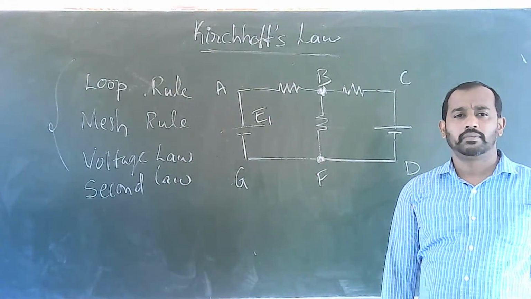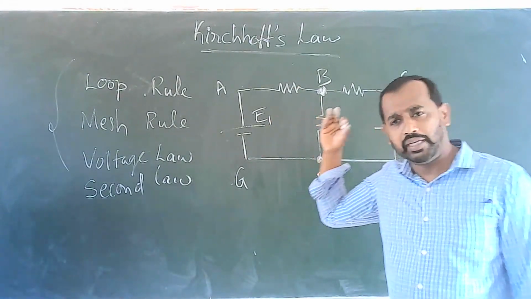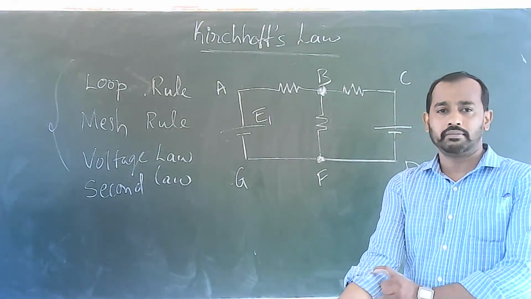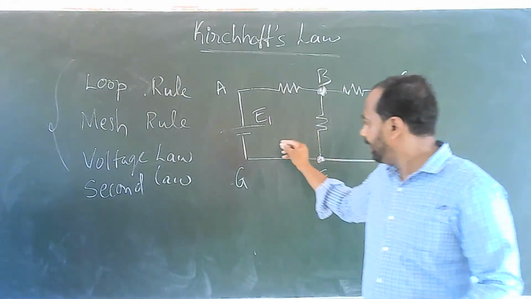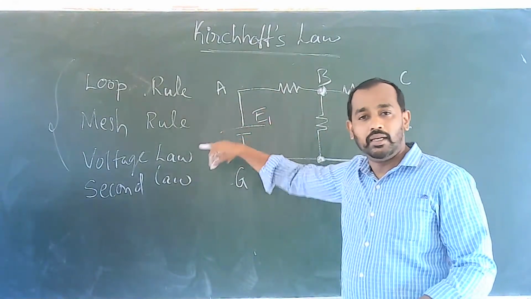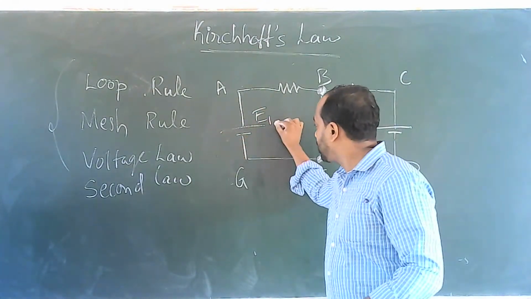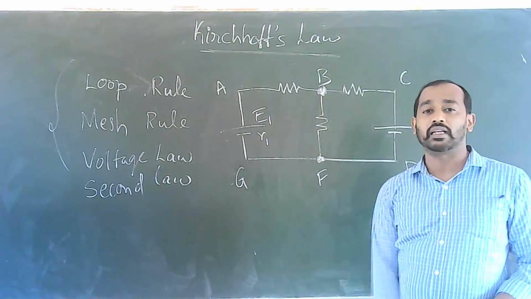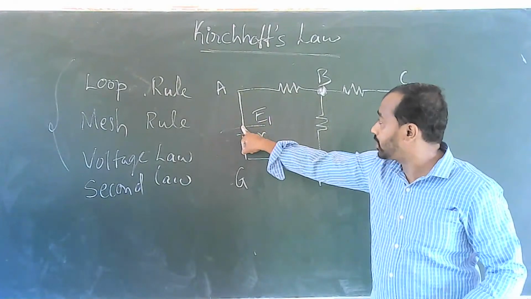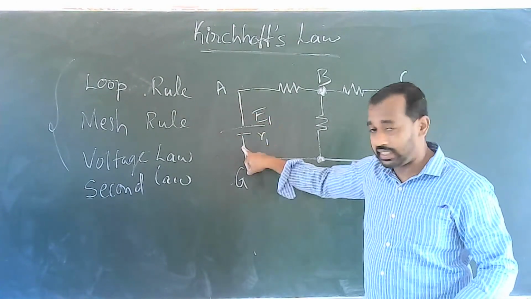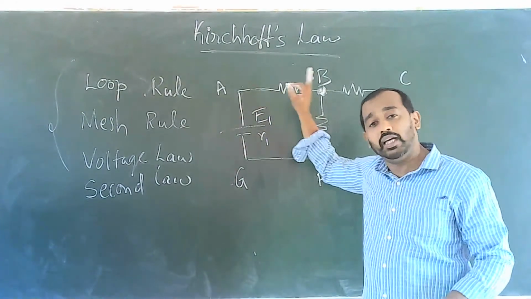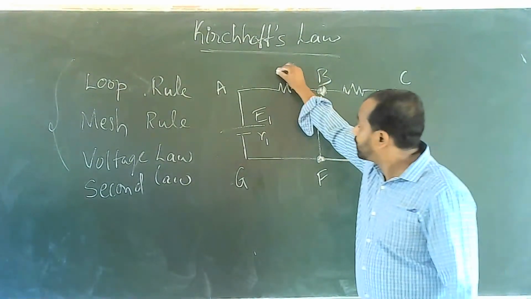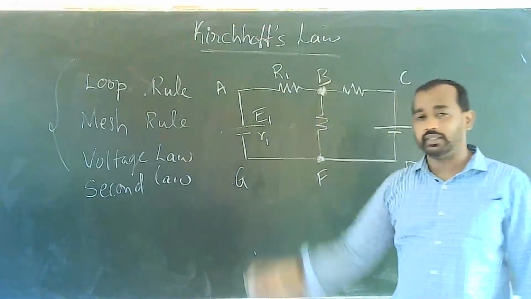Sometimes yes, sometimes no. When it can be treated as a negligible quantity, we can ignore the internal resistance. So here I want to write the internal resistance of the cell of EMF E1. I will represent it as an internal resistance r1, but I have not drawn the internal resistance. This internal resistance will be in series with the cell, and hence it will be in series with the resistor also. The first resistor, its resistance will be represented as R1.